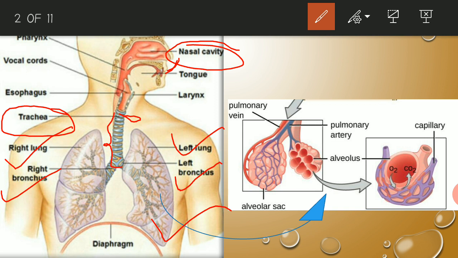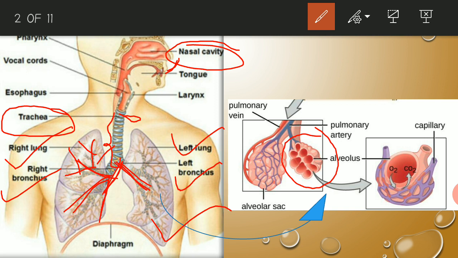After the entry of the bronchi into the lungs, they get divided into another step of branching. These branches are known as the bronchioles, and again the bronchioles are branched into many fine structures, and these fine structures end with the air sac or alveolar sac.